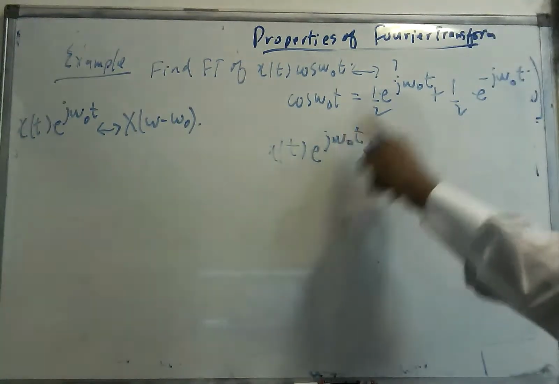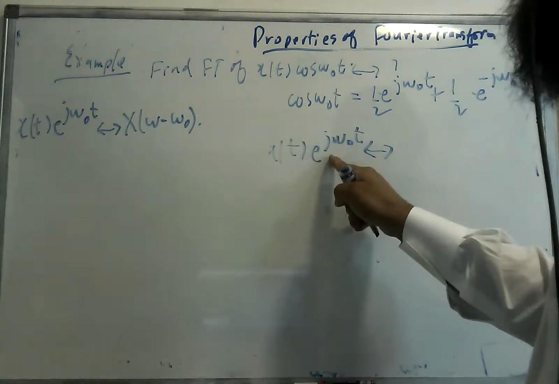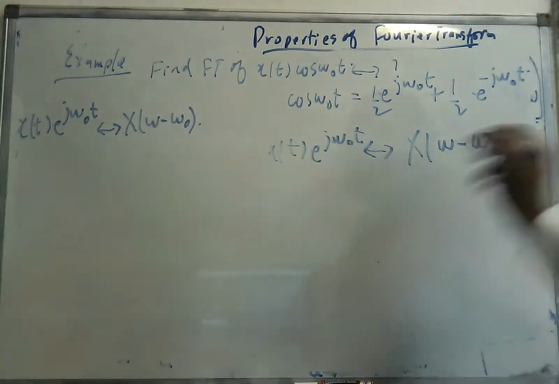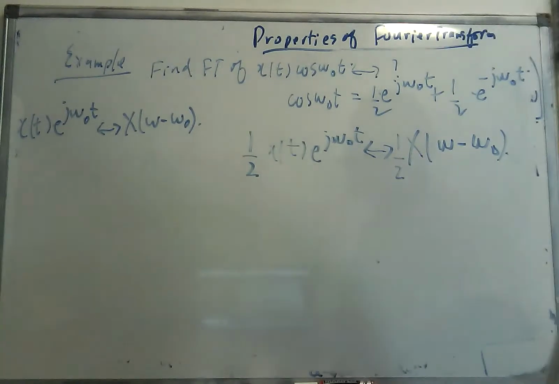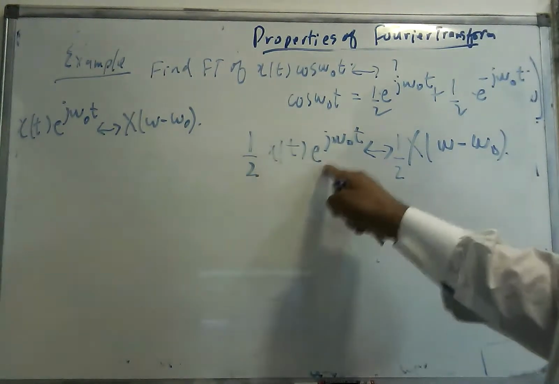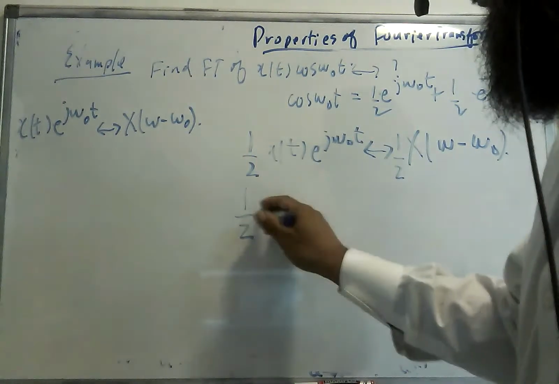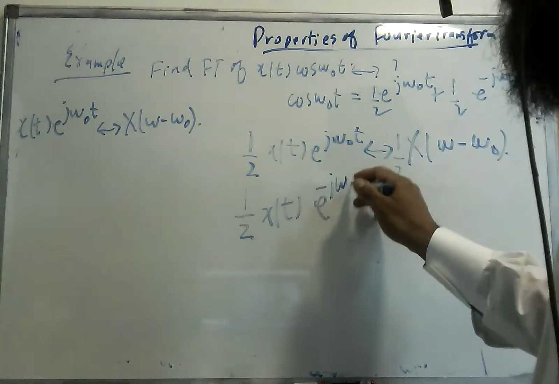Whenever I see cosine, I split it. So I multiply by half, because cosine has a half. Now I write x of t multiplied by e raised to the power minus j omega naught t.